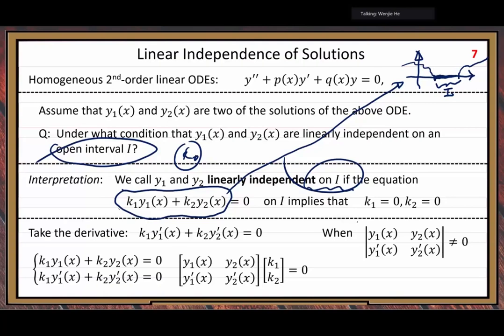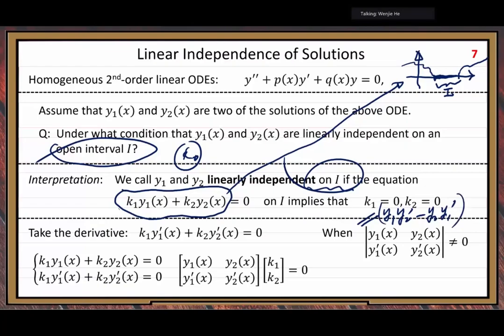You take the main diagonal, Y1 times Y2 prime, minus the other diagonal, Y2 times Y1 prime.